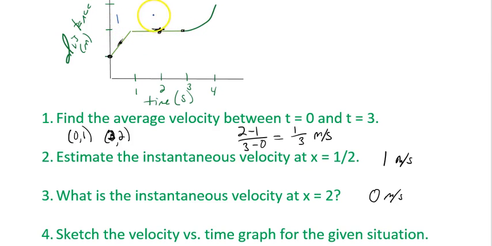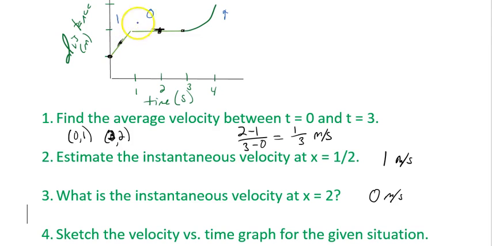Between 1 and 3, that was a slope of 0. Between 3 and 4, it went from 0 to a very steep slope, and that would mean a higher number when we're plotting velocity. This is probably one of the hardest things to wrap your brain around, and it's going to take some time. Take one piece at a time.